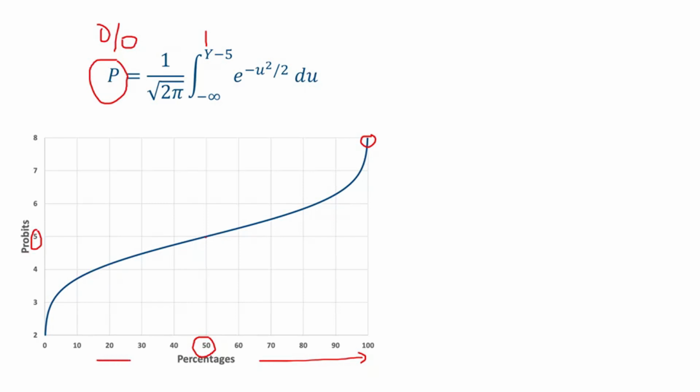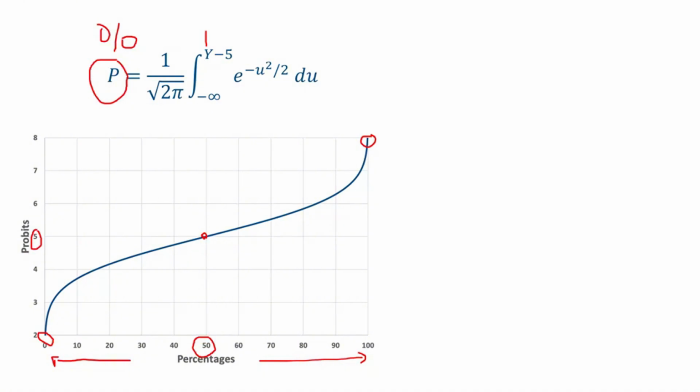And on the other side, as we approach 0%, the probit value goes down to 2. We also see that this sigmoidal curve has a mirror image around the point where we have 50% and 5 probits. We see the same sort of nature of the relationship inverted on both sides of this inflection point.